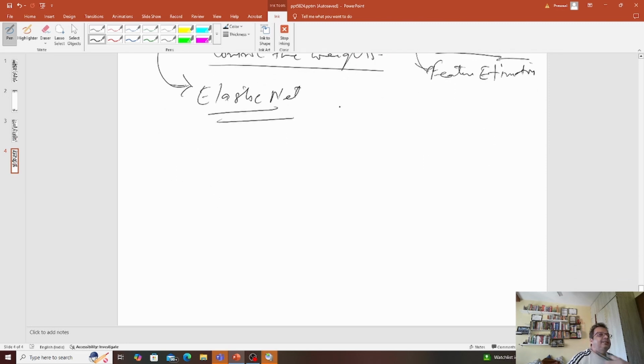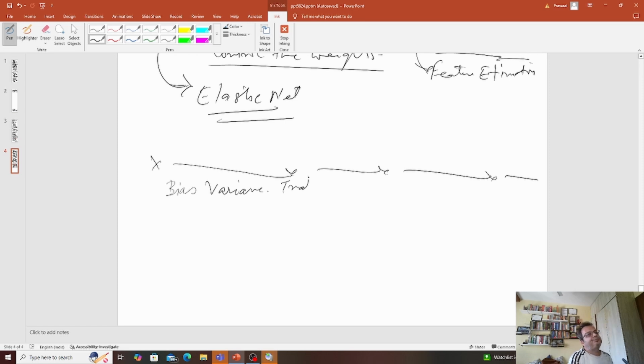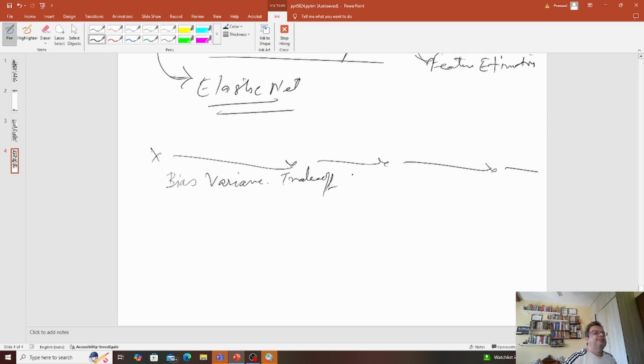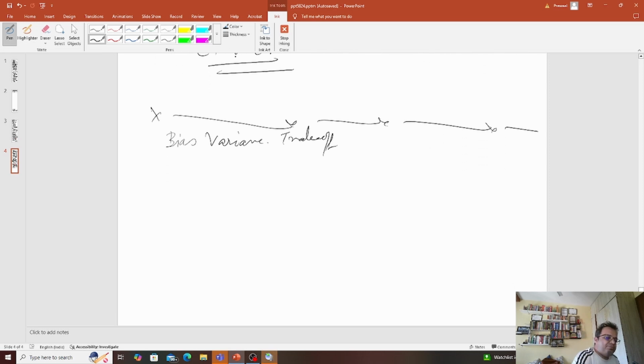The next reading, hope I'm not leaving anything aside, is on the bias and variance trade-off. Generally when you start doing machine learning, you will talk about an equation, and this term is generally called bias.